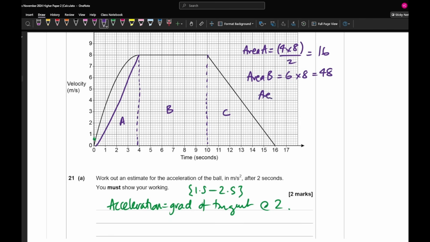And if I work out the area of C, which is a triangle with a base of 6 and a height of 8, divided by 2 gives me an area of 24. So the total distance is going to be equal to 16 plus 48 plus 24, giving me an answer of 88. So it's going to be 88 meters.